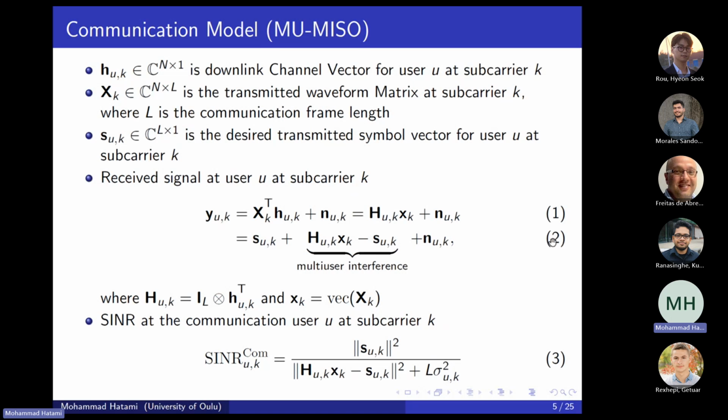In equation 2, as you can see, the first term is the desired signal, then this term is the multi-user interference, and the last term is the noise. Therefore, we can calculate the SINR for each user at each subcarrier as given by 3. The numerator is the power of the desired signal, and the denominator is the total interference plus noise. And this is in each subcarrier.